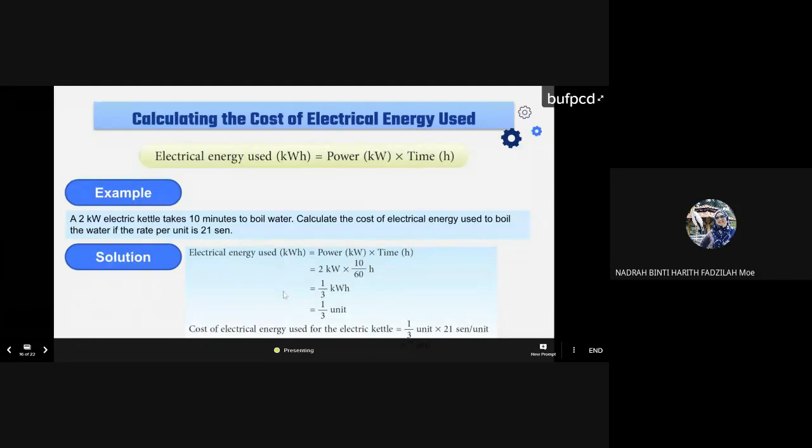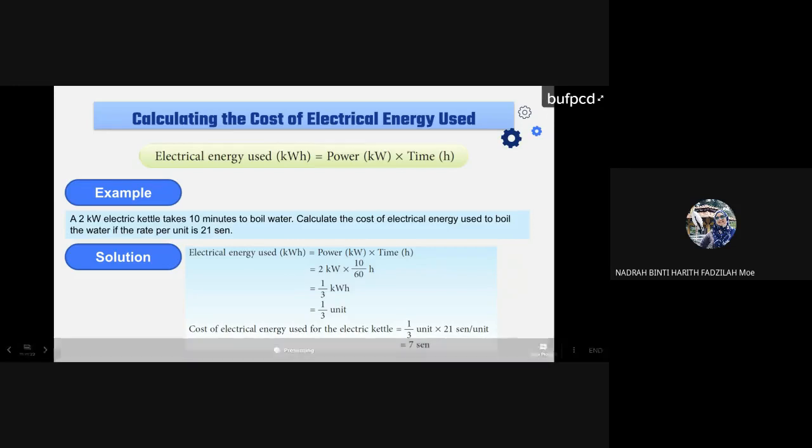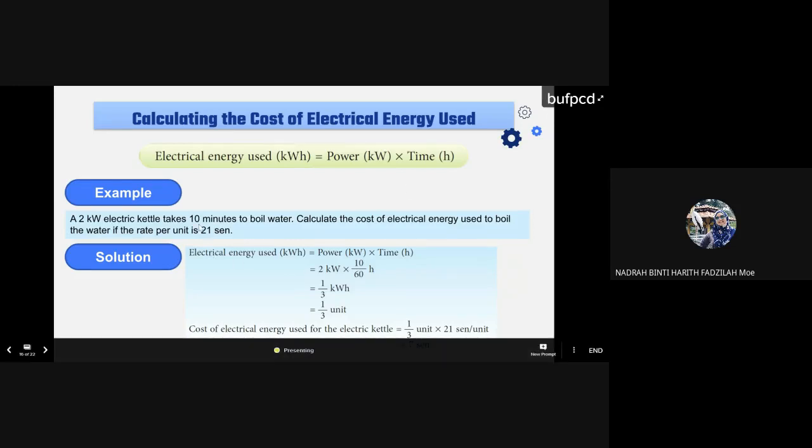So we have to calculate the electrical energy used using the formula given, and make sure that the time that we use is in hour unit. So kalau katalah dia ambil masa 10 minit, you have to convert the 10 minutes into hour.